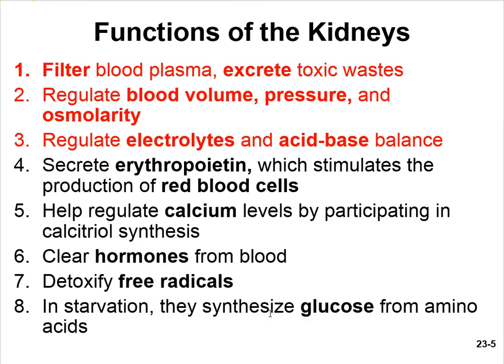It's actually quite expensive energy-wise to do it, but remember that the brain needs glucose. It can't use any other fuel. So in times of starvation or in severe glucose depletion, your kidneys actually can take products like amino acids and turn them into glucose, which might be very much needed by the brain.